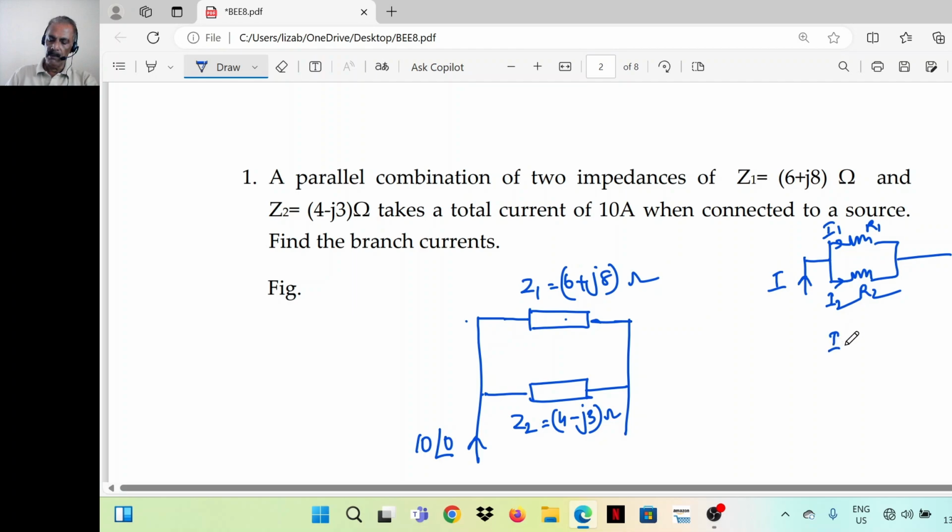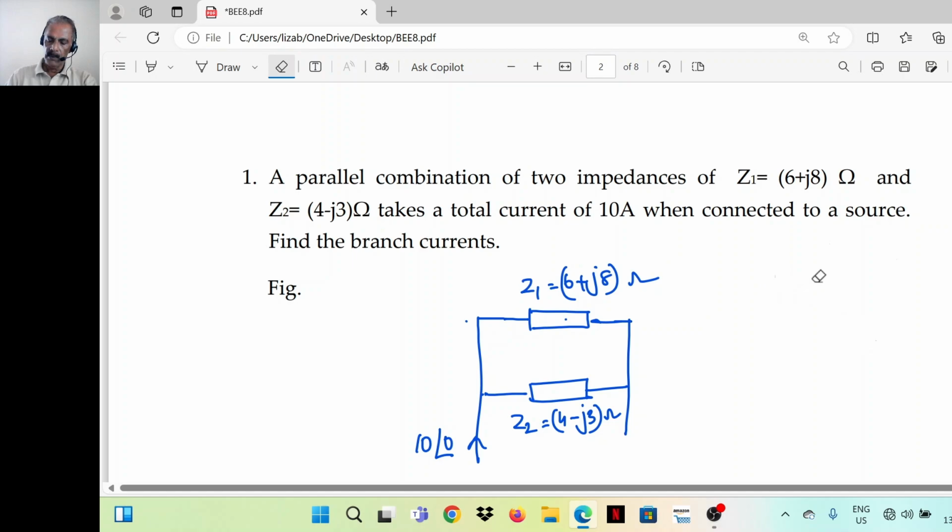I1 is equal to the incoming current I into the resistance on the opposite side, that is R2, divided by the sum of the resistances, R1 plus R2. The same rule can be applied here. Instead of resistances, these are impedances, but we can apply the same rules.